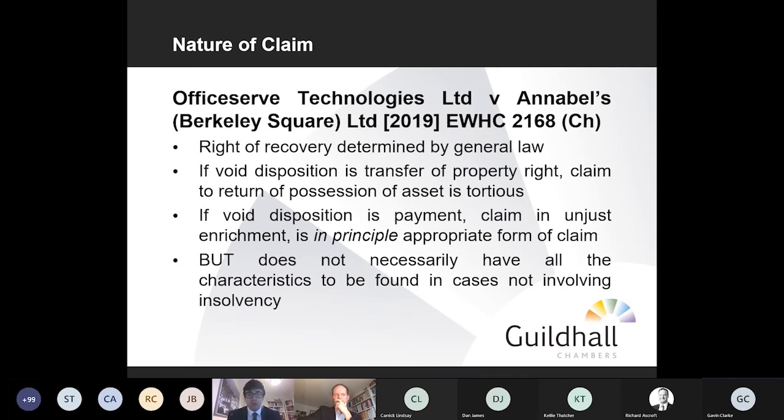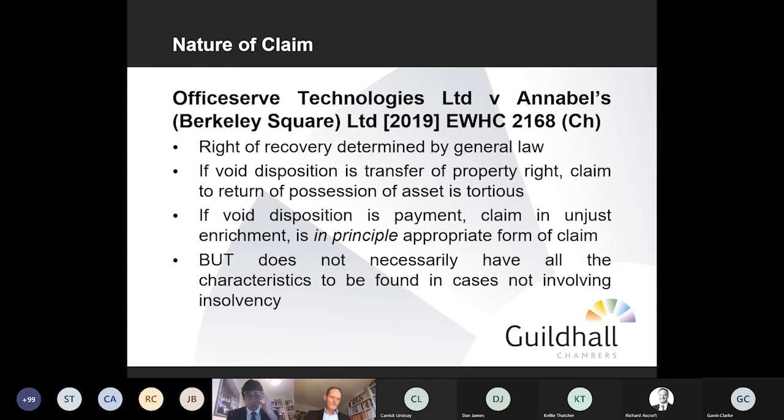Well, then your claim is a tort claim for return of possession, because the physical asset that belongs to the company is in someone else's hands. The disposition is void, so title to the asset doesn't pass, and you then simply look to them saying, you have my goods, please hand them over to me, you have no right to them.